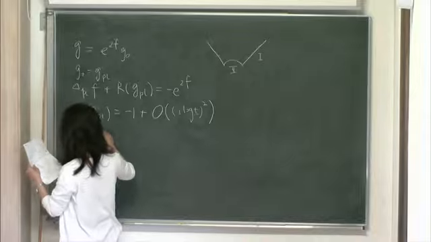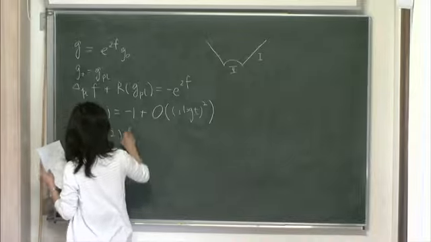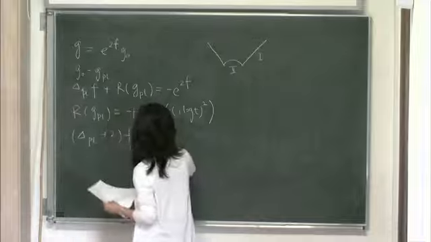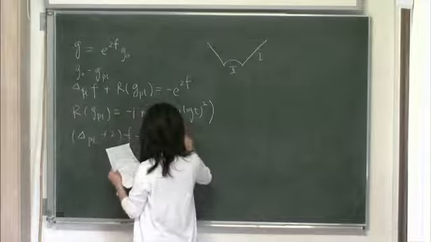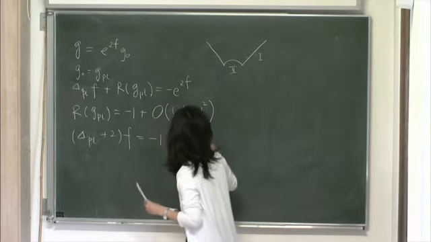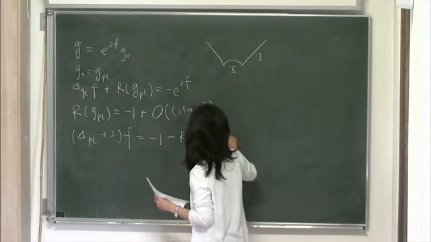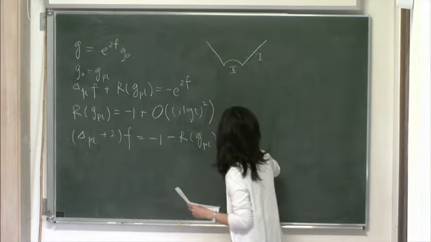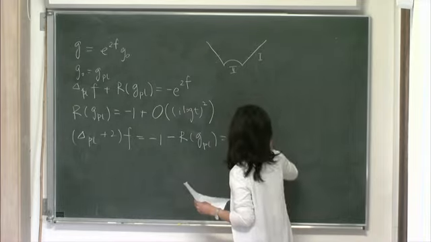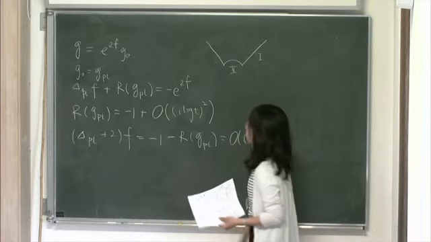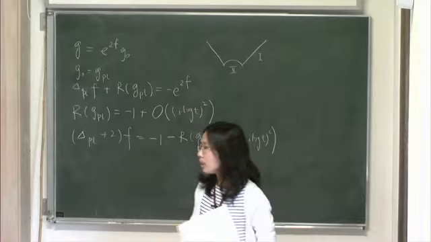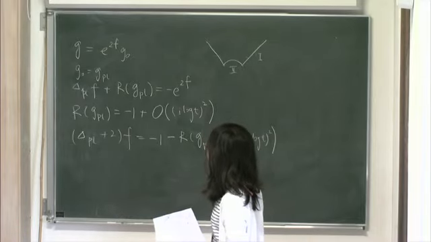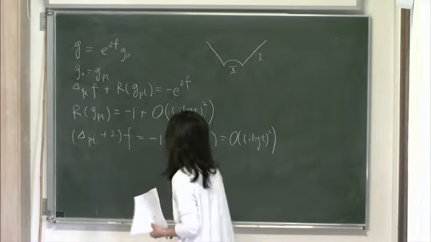The Laplacian of the Plummy metric plus 2 applied to the conformal factor is -1 minus r, the scalar curvature of the Plummy metric, which is of the following order. So this is eventually the linearized equation we want to solve.